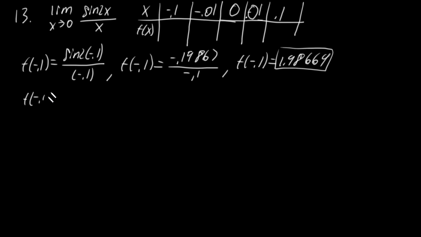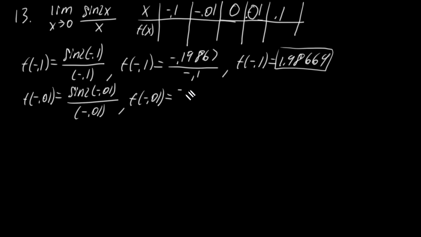So then we do this. We got the sine of 2 times negative 0.01 all over negative 0.01. Do a bit of this, and okay, at the numerator again we get negative 0.02000. I am going to say this value isn't exactly this. There is some residue.